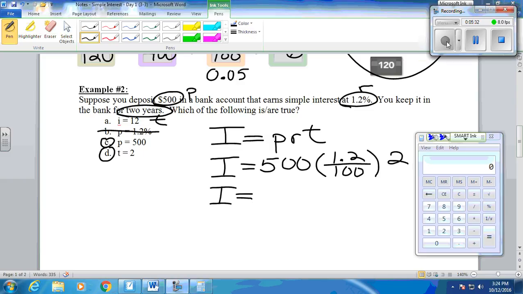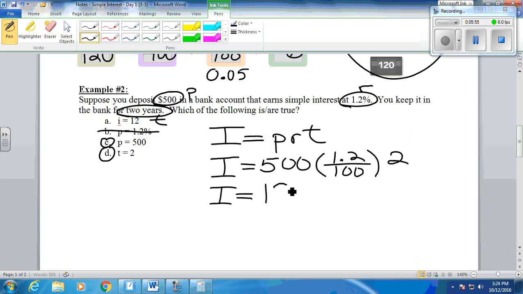I'm going to enter 1 2/10 divided by 100 first, and it gives me a decimal of 12 thousandths. Then I just multiply that times the 500 times the 2 to get my answer of 12. So I know my interest is 12, so A is also going to be true.